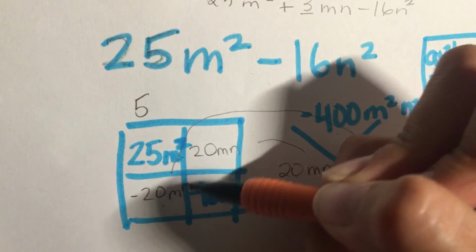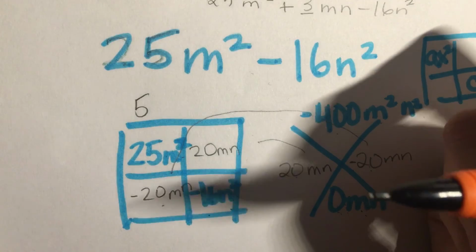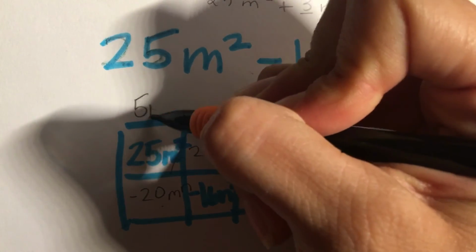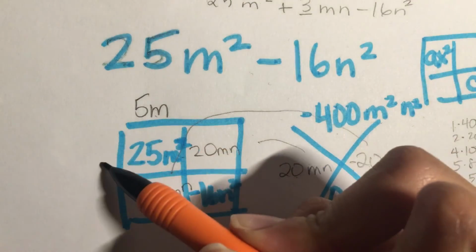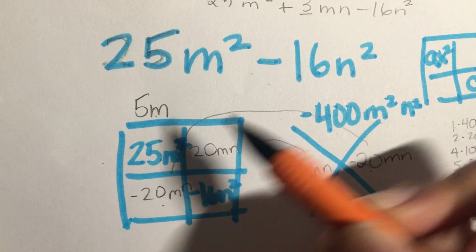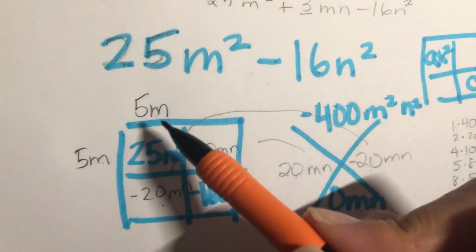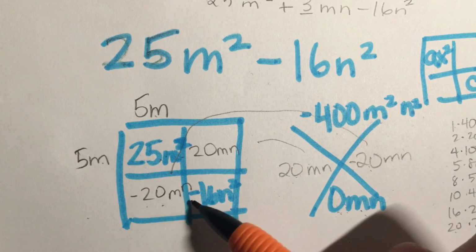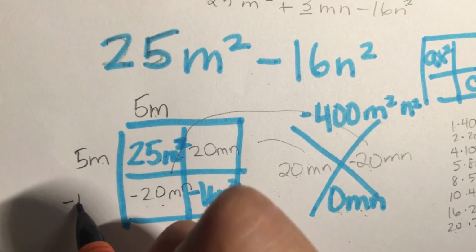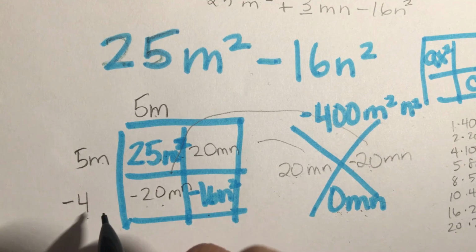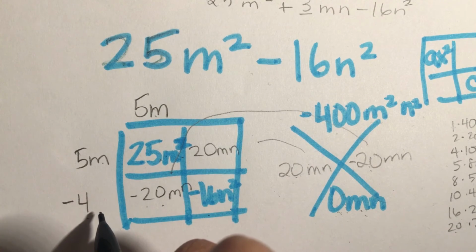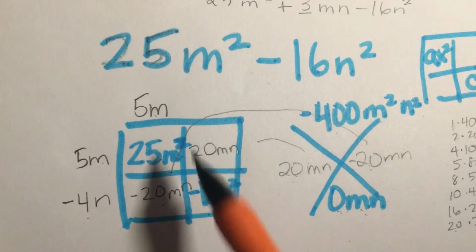Now we have an m squared and an mn. What do they have in common? Well, obviously that m. Now 5m times what is going to give me 25m squared? Obviously 5m. Okay, 5m times what is going to give me negative 20mn? Well, that is negative 4n, right?